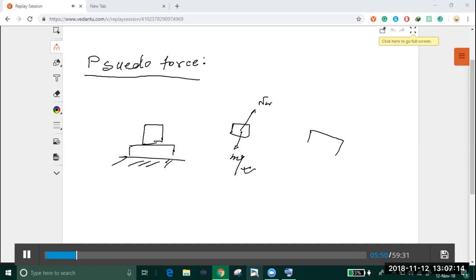How does the normal force on the block get generated? Because the block is touching the weighing machine, and there is a force acting opposite to the weight of the body, which is known as the normal.